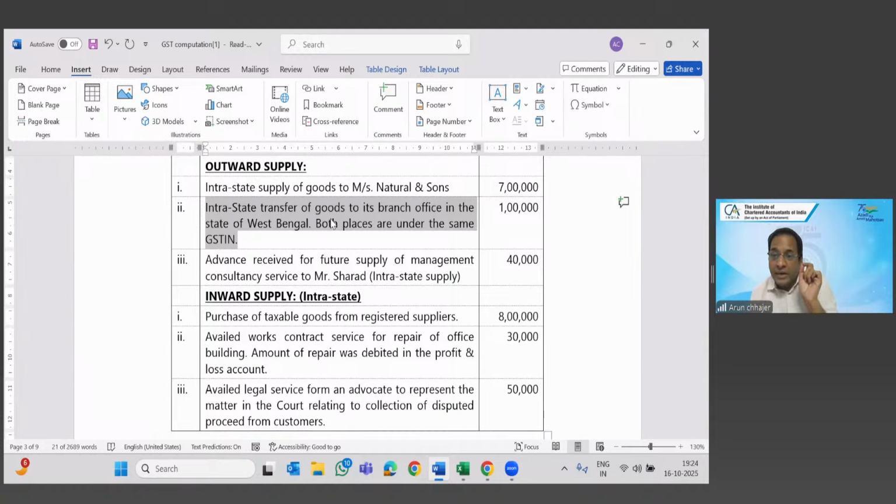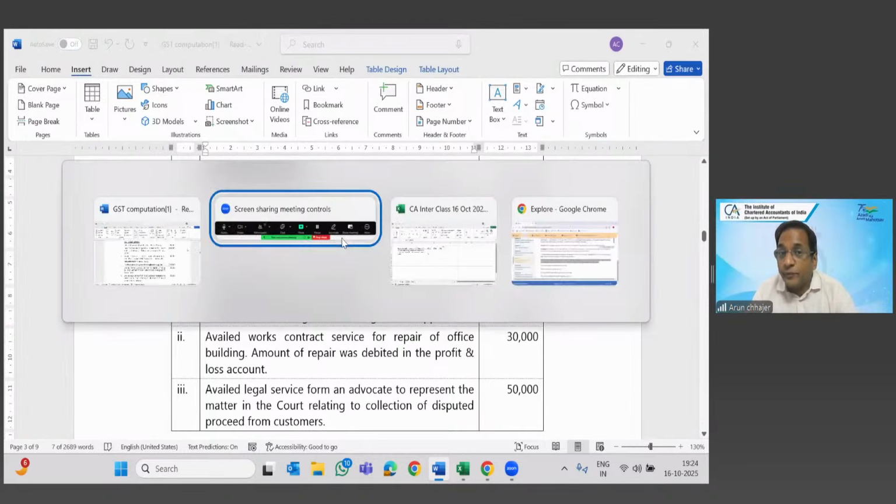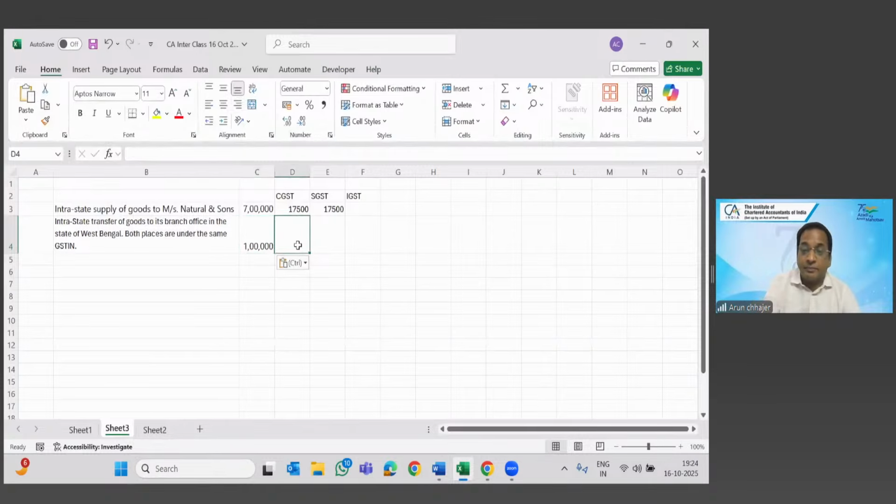Am I right? If there is more than one GST number under one PAN, then they are distinct persons. But in this case, they do not have different GST numbers. Therefore, it is not a supply at all.